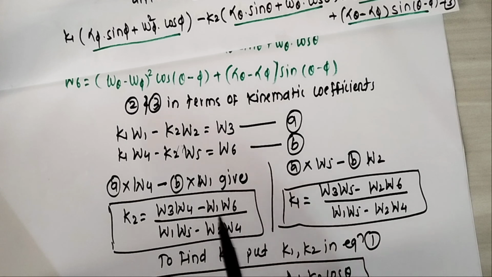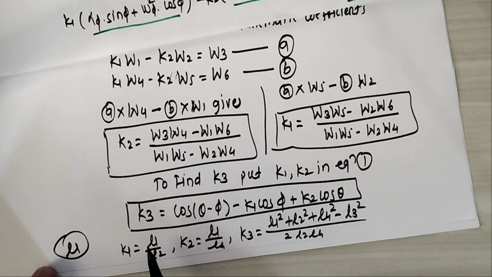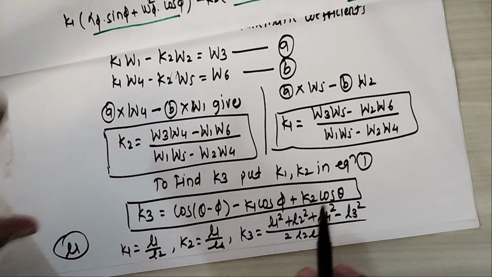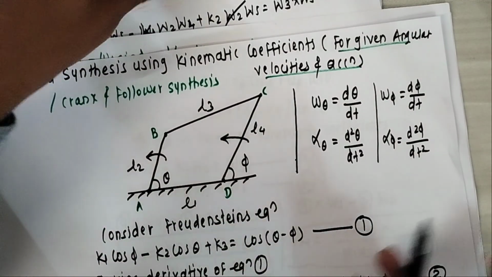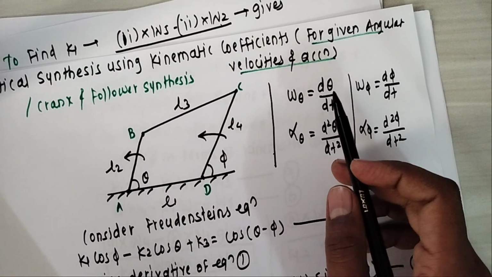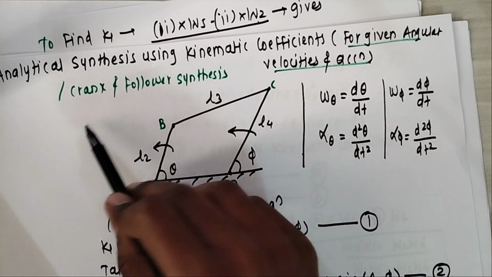Once k1 and k2 are known, put them in the Freudenstein equation, equation number 1, to get k3. Then by knowing any one link, not necessarily L1, we can determine the other link lengths L1, L2, L3, L4. This is the procedure to solve a dimensional synthesis problem by the kinematic coefficient method, when angular velocities and accelerations of crank and follower are known, which is also known as crank follower synthesis.